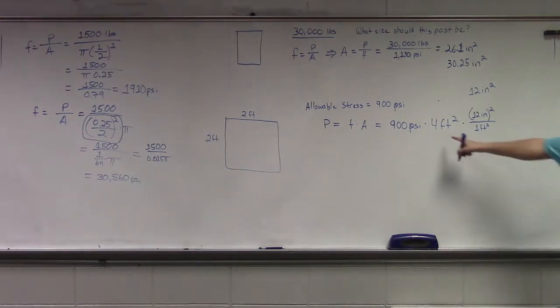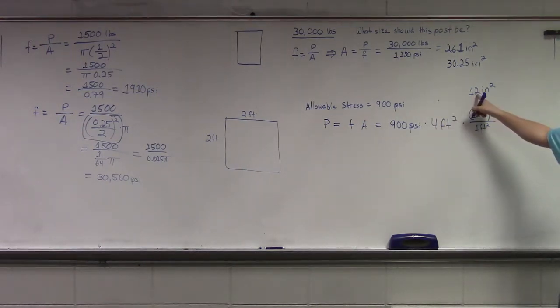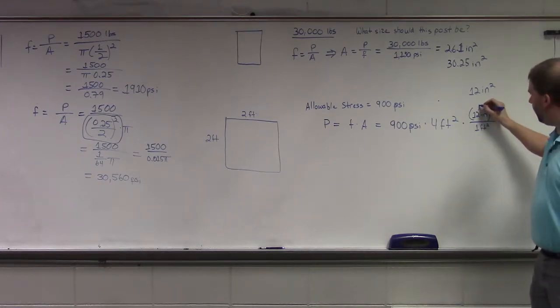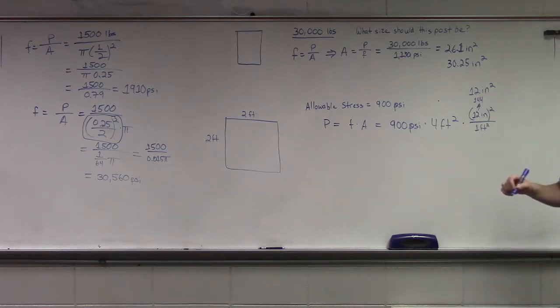What happens if you multiply 4 by 12? 48. Do you have 4 square feet? Make sure that you multiply it by 144.